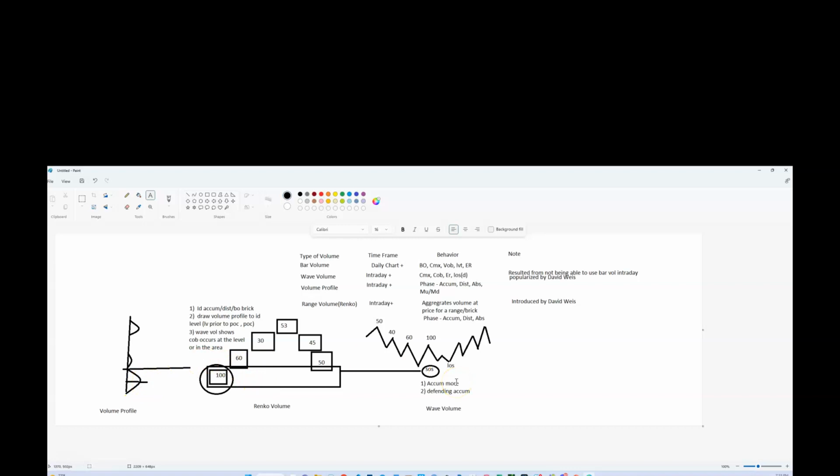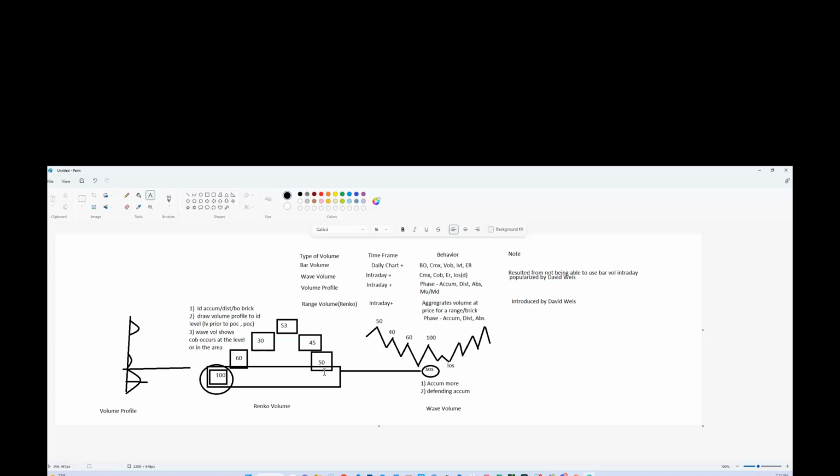Now a question might come up: oh, why do you need Renko? Why don't you just use volume profile? Believe me, you will make an error. The Renko and the volume profile, they kind of help create clarity about where to look.